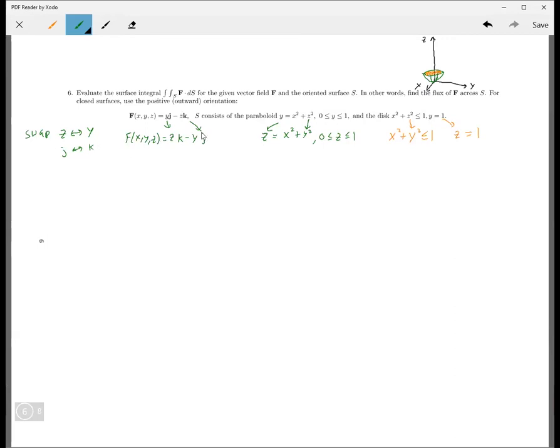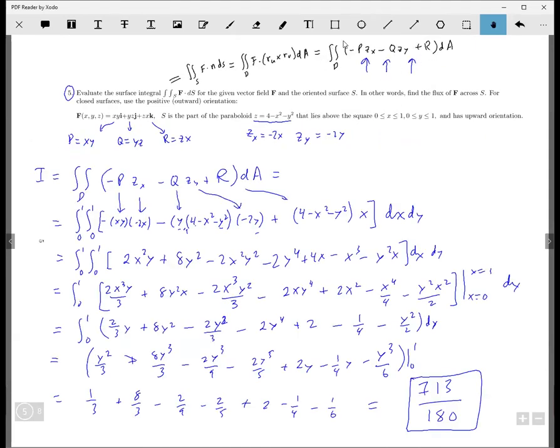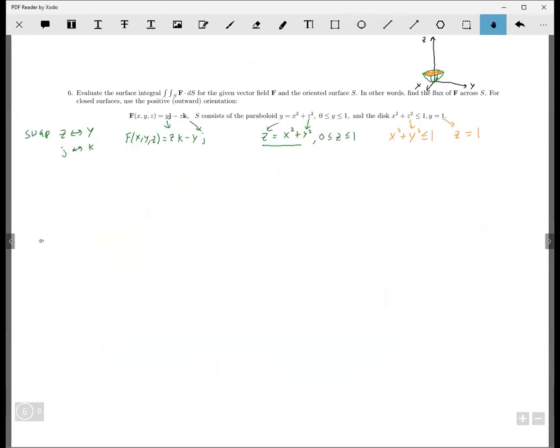Okay, so for the first one, we have this z equals, right? So we can use the formula from the previous section, which is this one. Okay, so we'll go ahead and set that up. So from here, we can identify what the P is going to be.